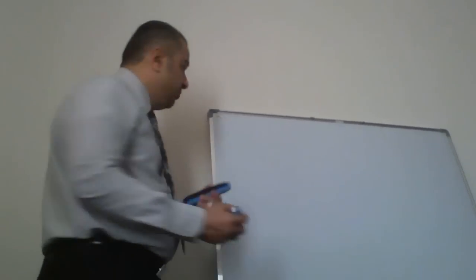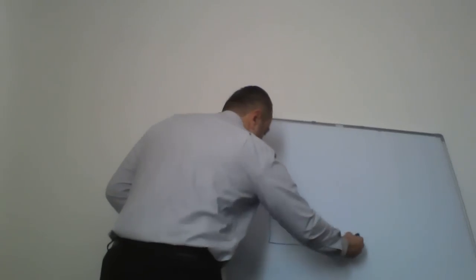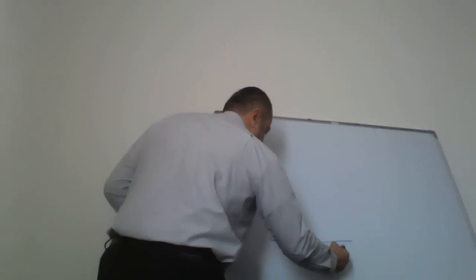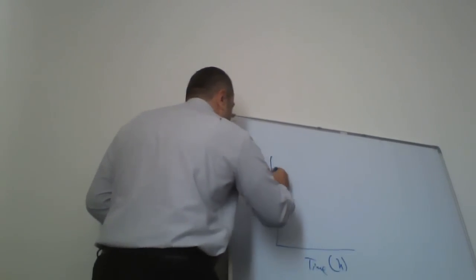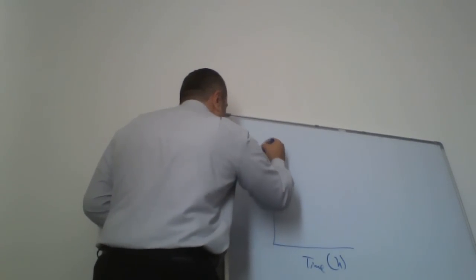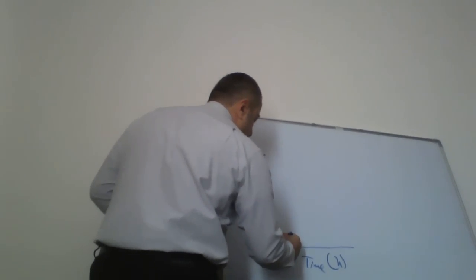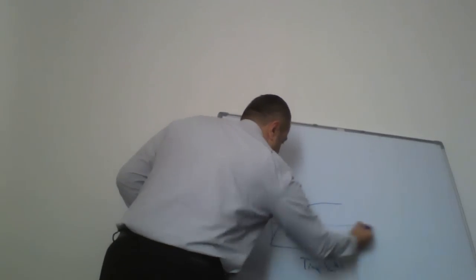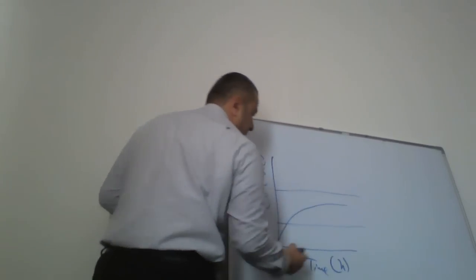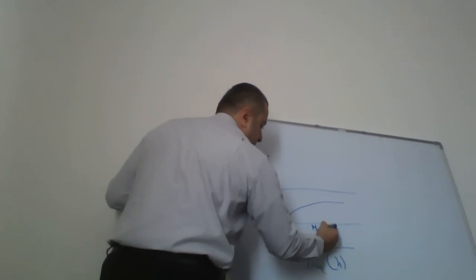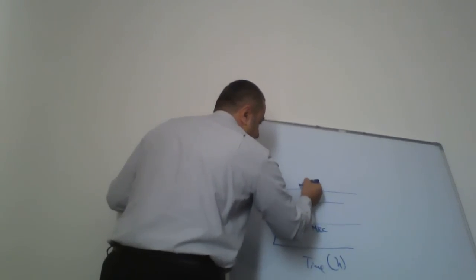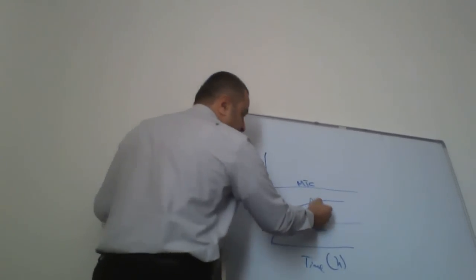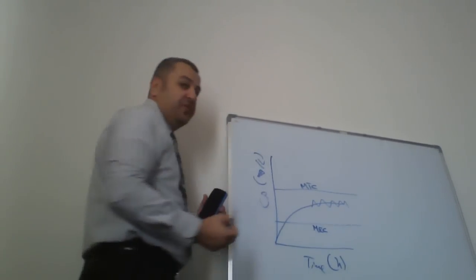Like, for example, you have time in hours and concentration in milligram per liter. So when you do an infusion, you are trying to reach a concentration that is between minimum effective concentration and minimum toxic concentration. So here, that's where you are trying to achieve.